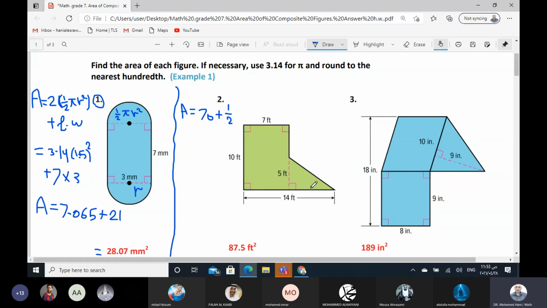As you see here, we don't have the base, but we can solve it. How? We have the whole side 14 and we have this part 7. 14 minus 7 will be 7. So the base will be 7 and the height 5.